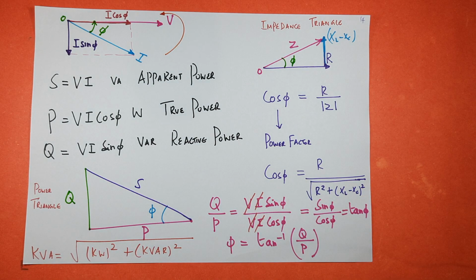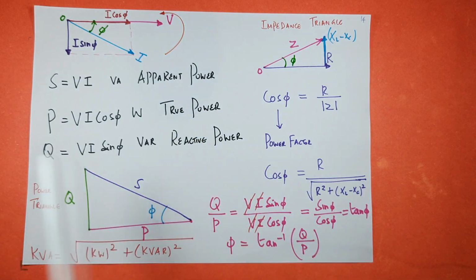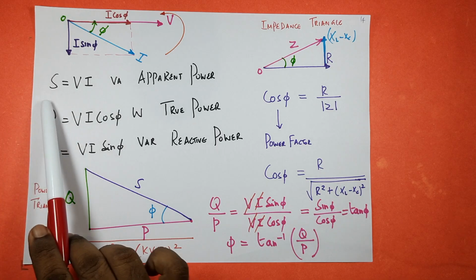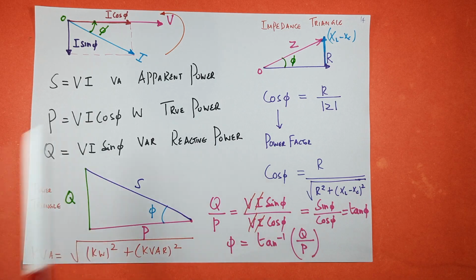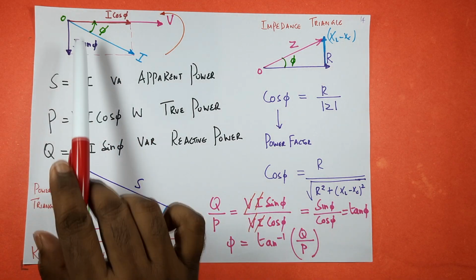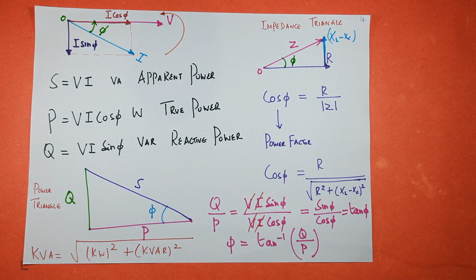Okay. So now we have three types of power. If you multiply this voltage into current, that is called apparent power, denoted by the capital letter S. S is equal to V into I, volt ampere. This is called apparent power. Next, if you multiply voltage with this horizontal component, that is called capital P, VI cos phi watt.